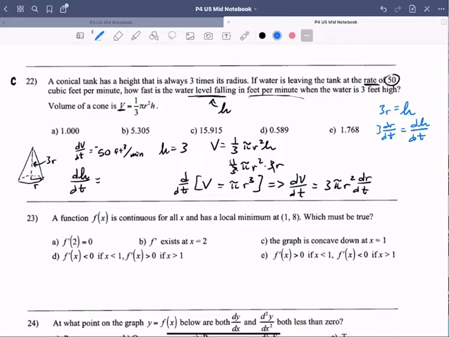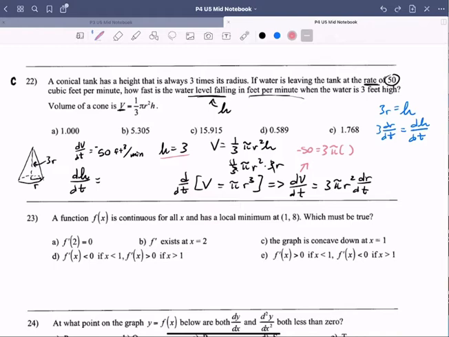And because we know dV dt is negative 50, and 3 pi, we know that r is currently, oh no, we don't know what r is, but we're going to need to. What is r? So if h is 3, that means r is going to be 1.